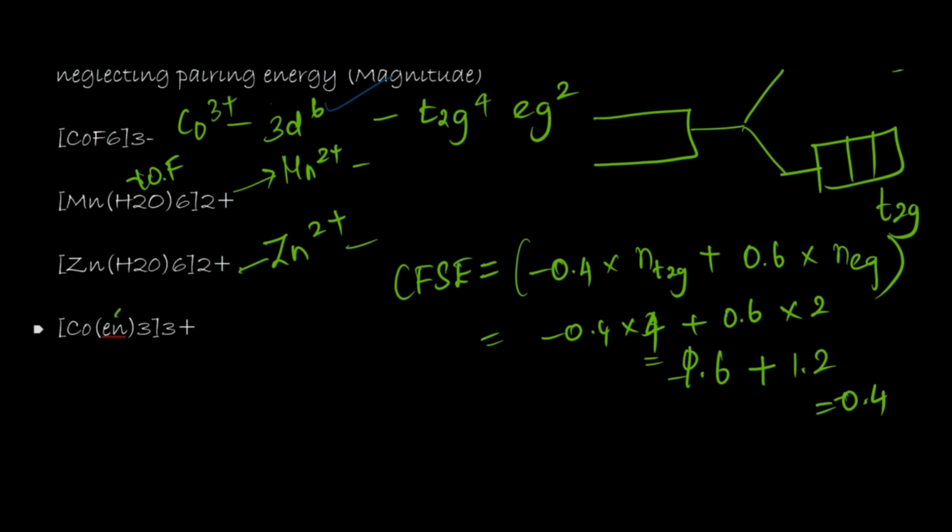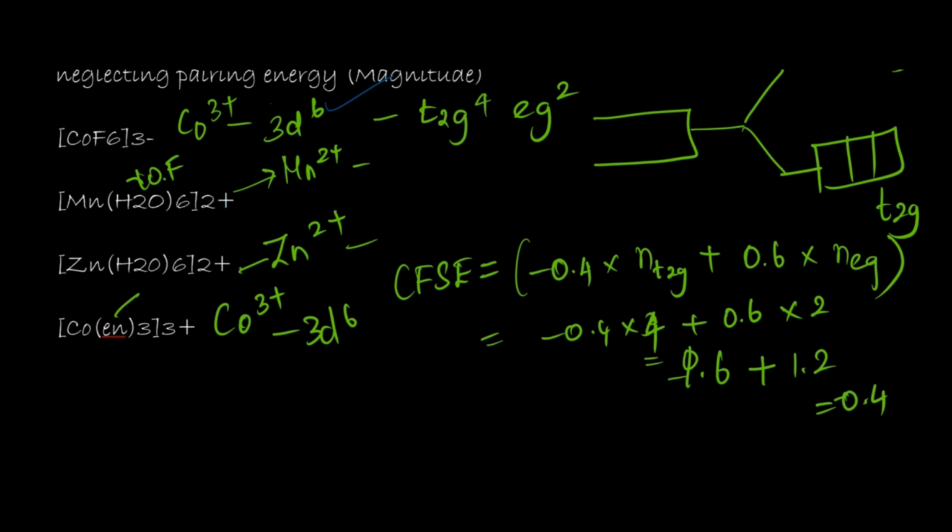So let's do it with en, ethylenediamine, also. Here you should know what will happen. Is it a strong field ligand or a weak field ligand? First of all, what is the oxidation state? It is again cobalt 3 plus, which will form 3d6, 4s 0.